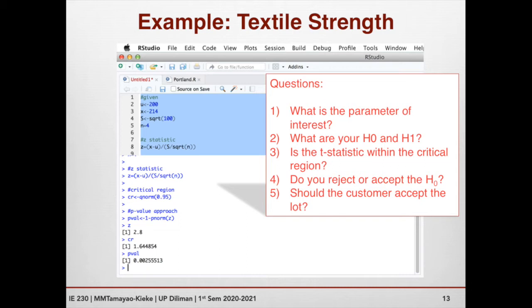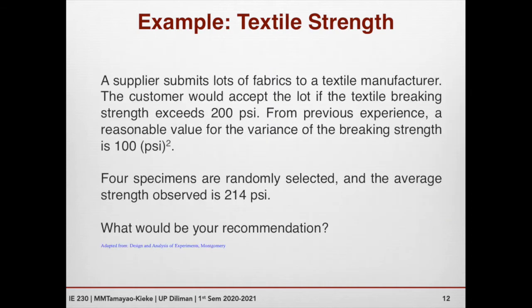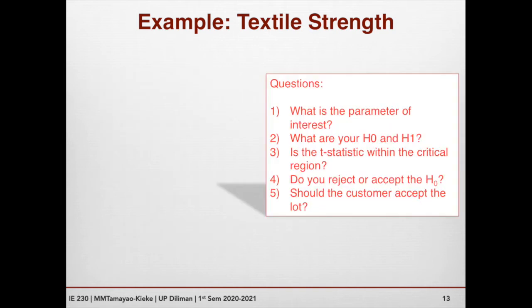What would be your H naught and H1? Your H naught is that your mean textile strength is equal to, what? 200 psi, right? And so your H1 is what?